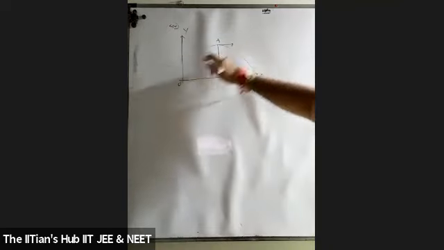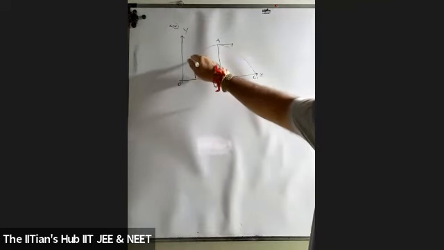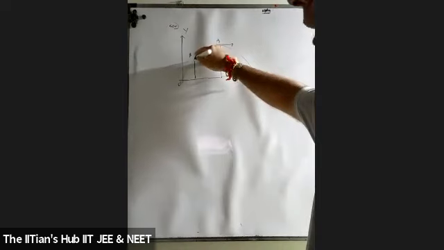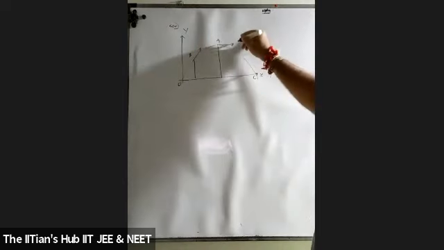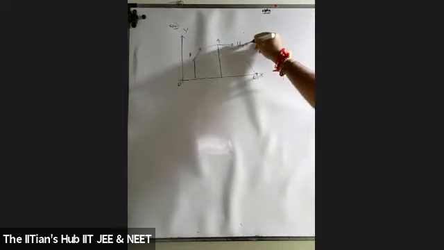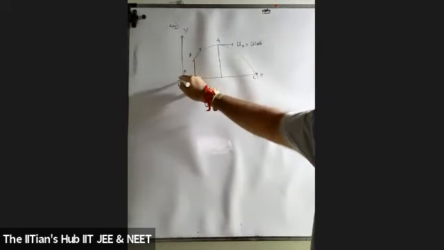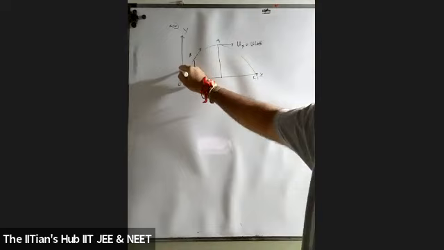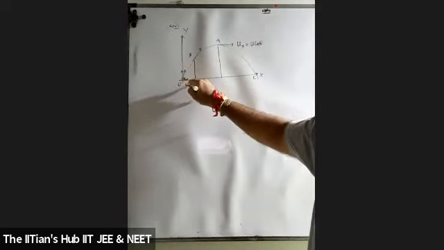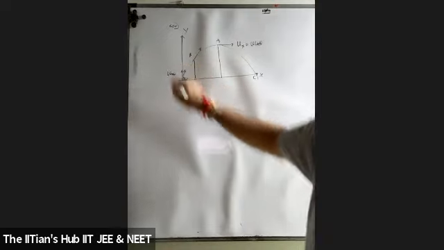This is greatest height, can I say this is half? Let me take this as point B. Speed at point B means the tangent will come. This is ux, and ux will be u cos theta. If I project with the velocity and go for the components, this is my u cos theta, this is my u sin theta.